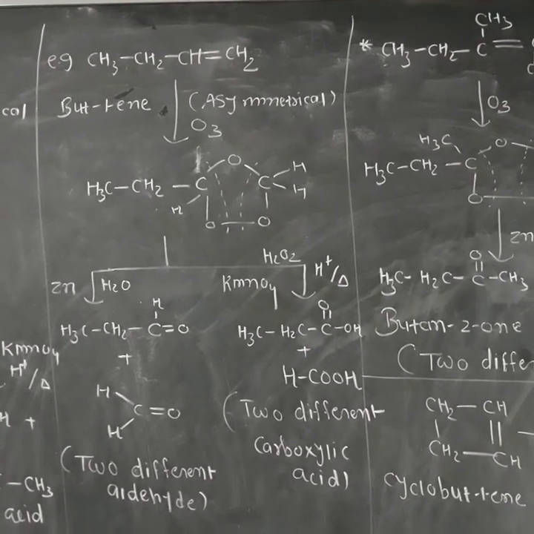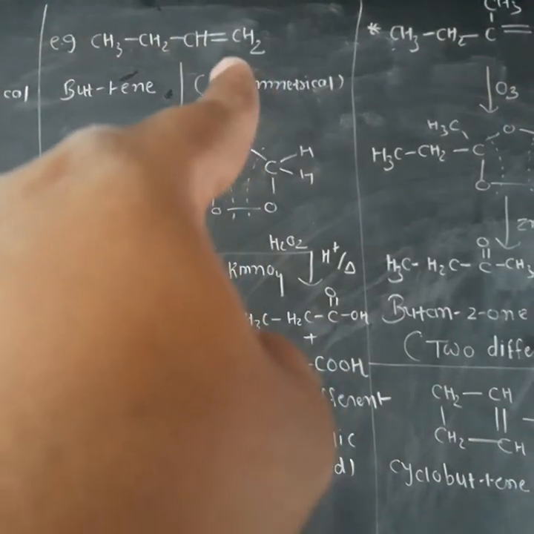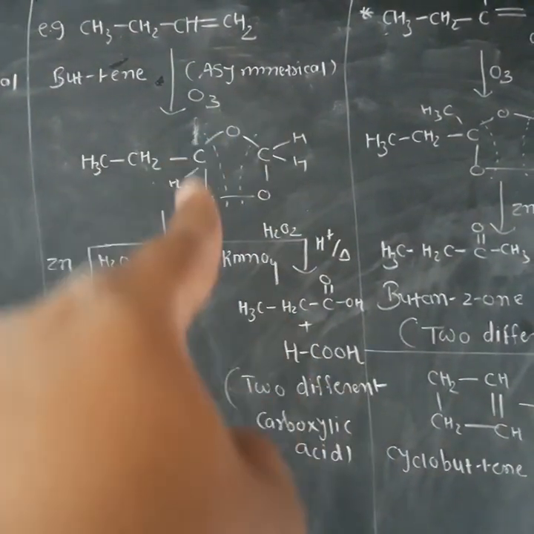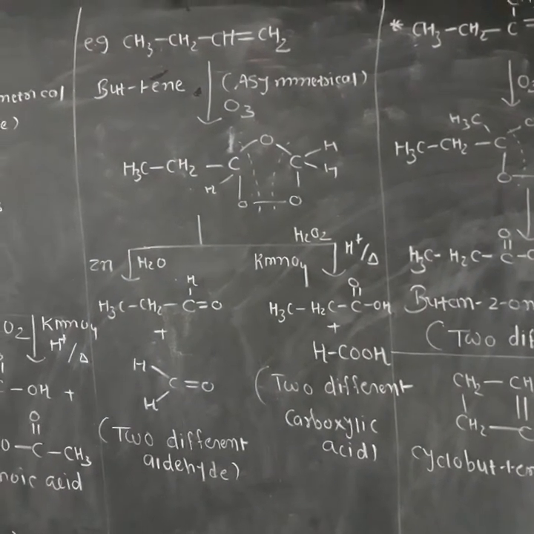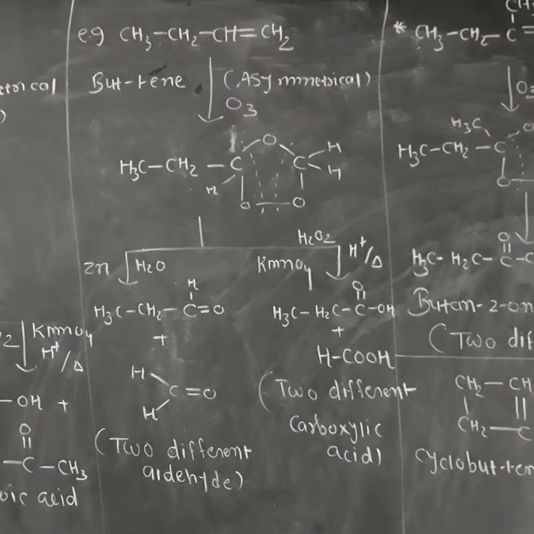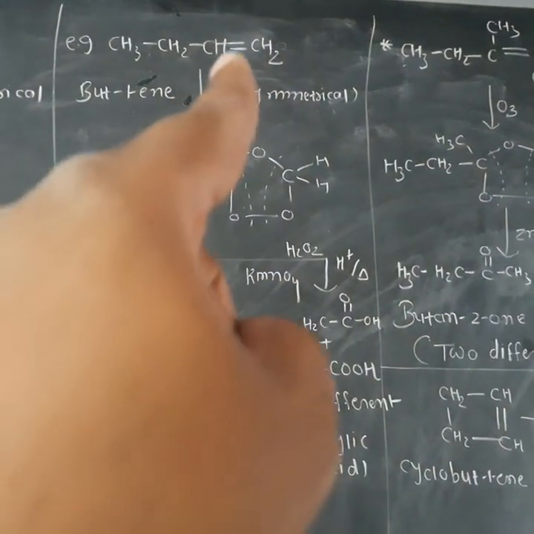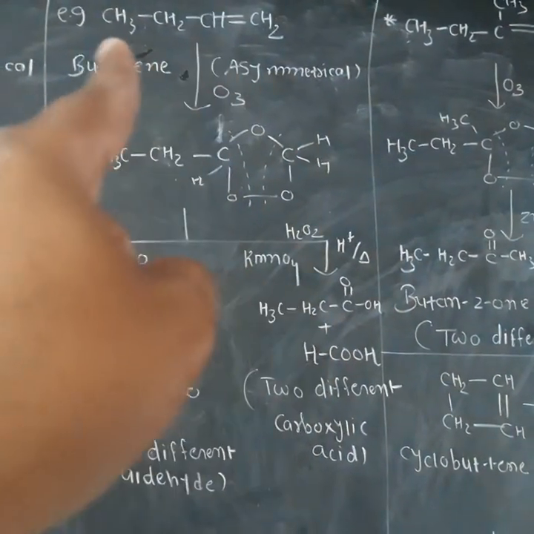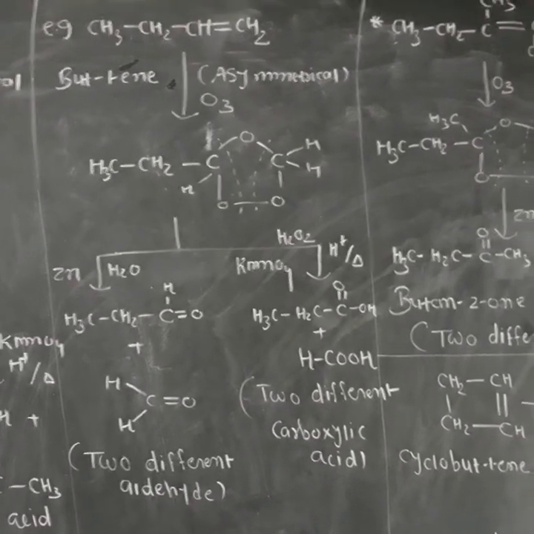Now let us consider the example of 1-butene. 1-butene is an asymmetrical alkene, and if it undergoes ozonolysis, wherever the pi bond is present, at that position ozone makes the bond, and here you can obtain but-1-ene ozonide as an intermediate. This ozonide on hydrolysis with zinc and H2O gives CH3CH2CH double bond O, which is propanal, and the other, methanal, as products.